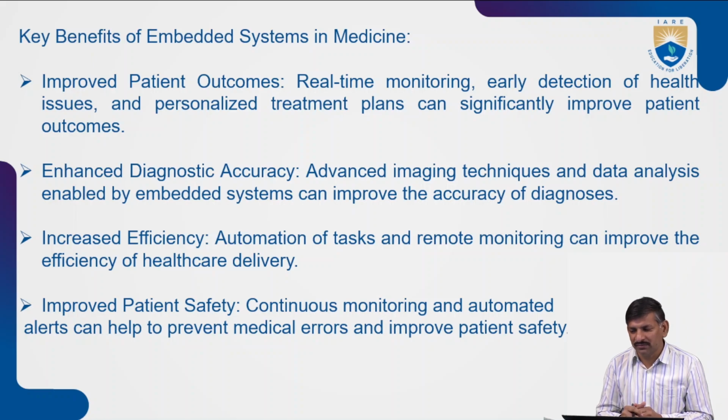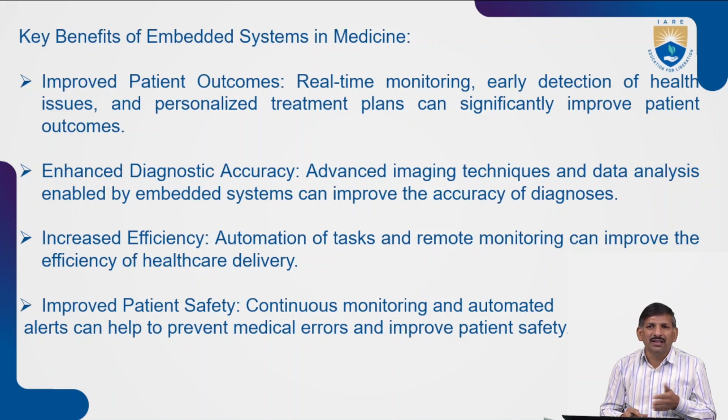Early identification or early detection of health issues and personalized treatment plans can significantly improve patient outcomes. At the basic level itself, if we take the precautions, we can clear that issue and improve our health. We can be saved if we identify early and take the precautions for that.